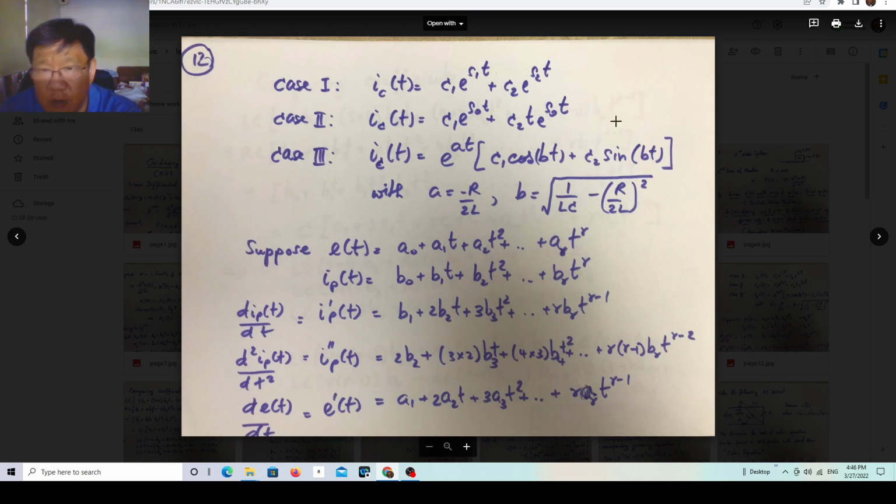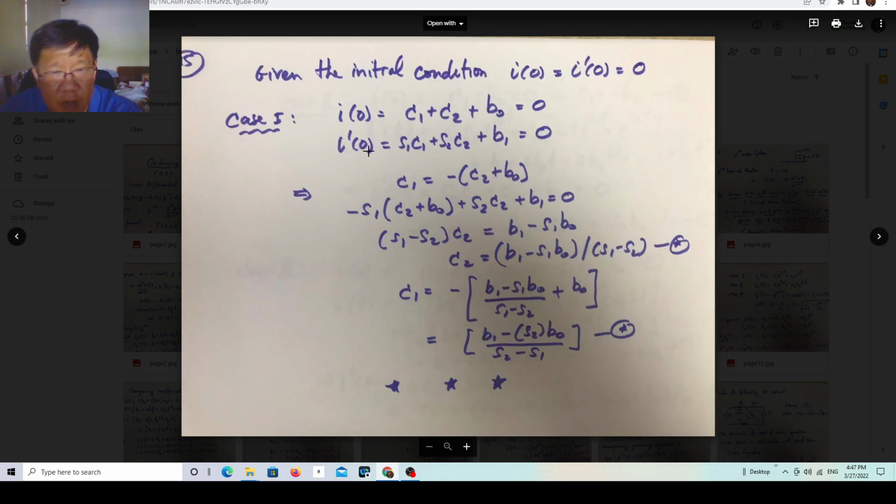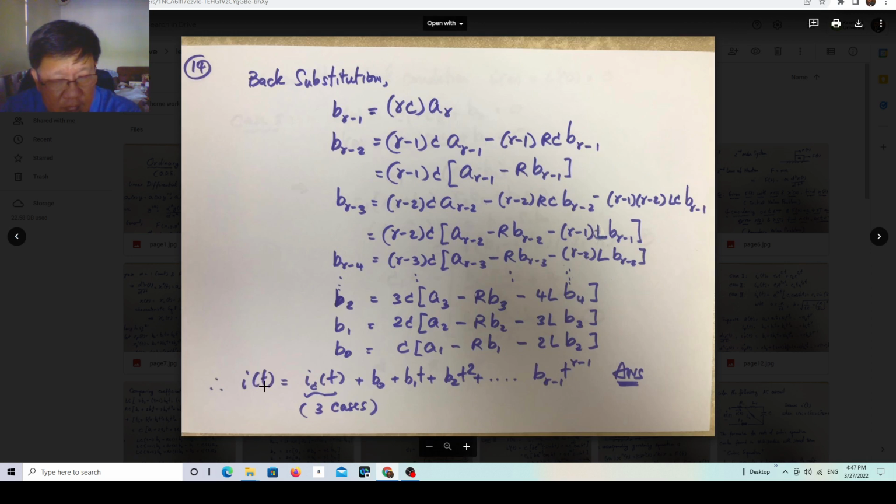So instead of having C sub 1 and C sub 2 alone, you have S sub 1 and S sub 2 multiplied to C sub 1 and C sub 2 respectively. So when you substitute t equal to 0, the constants become S sub 1 C1, S sub 2 C2.